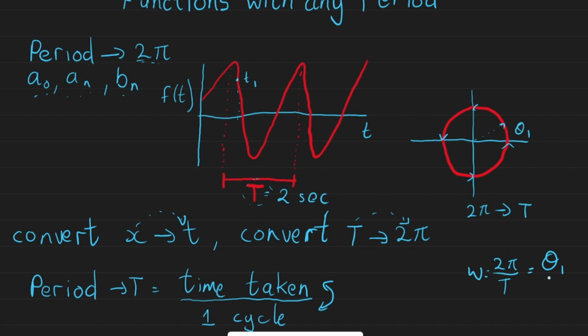So if 2 pi over t is a constant, it also must mean that it's equal to theta 1 over t1. Or not just theta 1 over t1, rather theta over t in general. So that's an important point, right? So what we're actually saying is that this unit time along our periodic function is actually equal to the angle over the angular velocity.